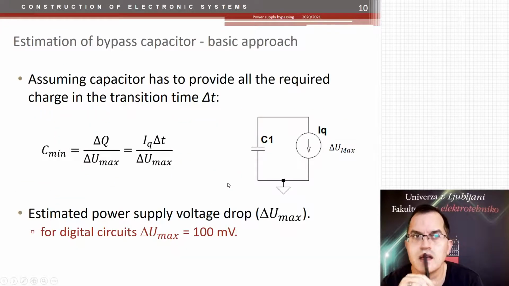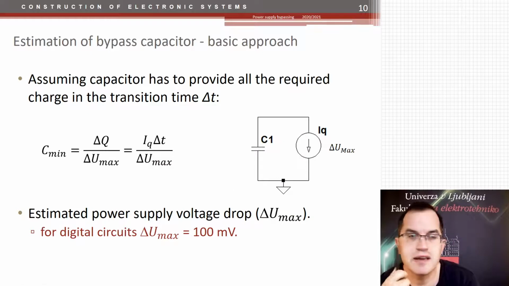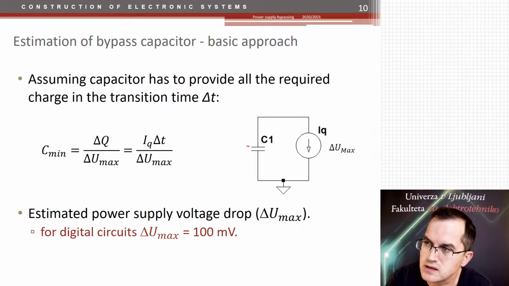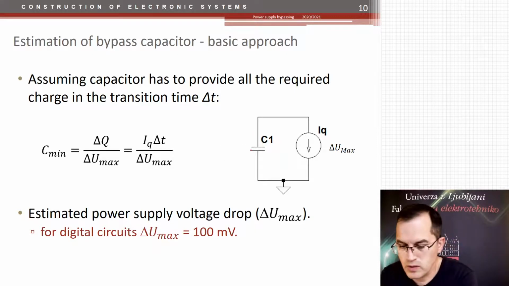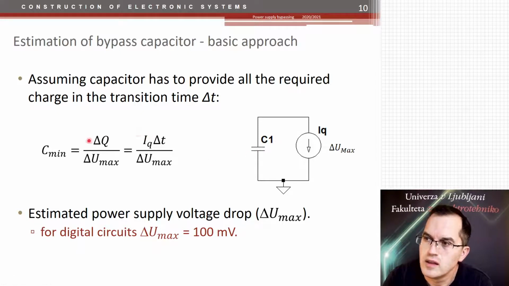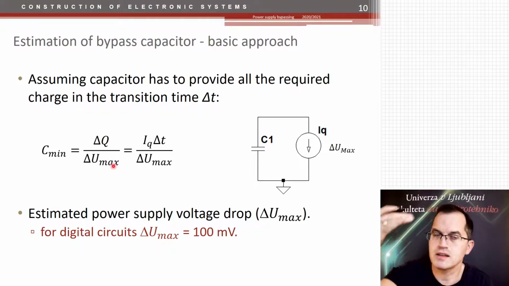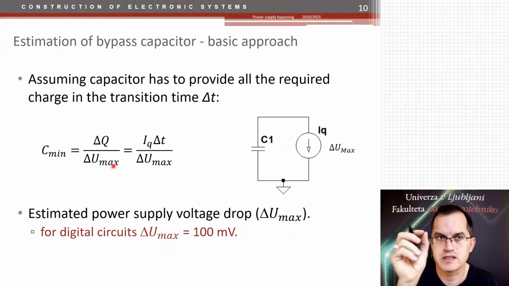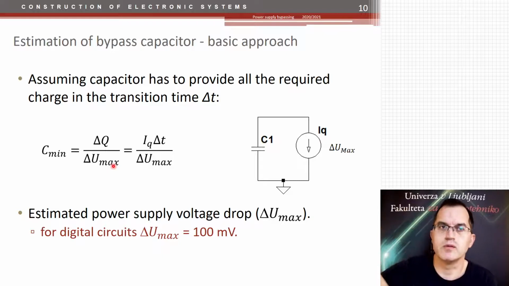Now bypass capacitor. A basic approach would tell you, okay, my bypass capacitor has to supply all the charge during this small transition time. All the charge means that the minimum capacitance required for this capacitor would be in the range of the charge divided by the maximum voltage change, because that capacitor, which would provide the charge for this current spike, would then drop the voltage.